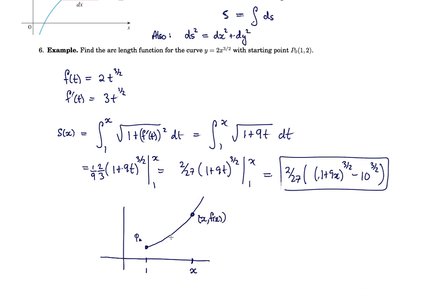And as x changes, the length along the curve between those two points changes. So that's a function of x, and that's what s of x represents. It's the length of this curve between P naught and this other point x, f of x. So the length of that red line, depending on x, is given by that function.